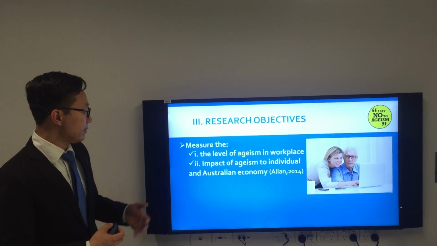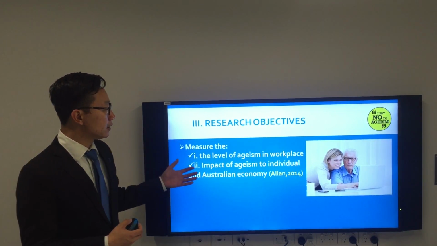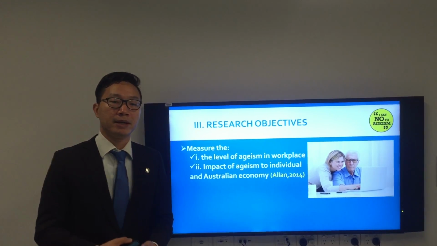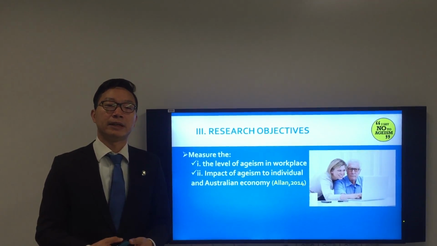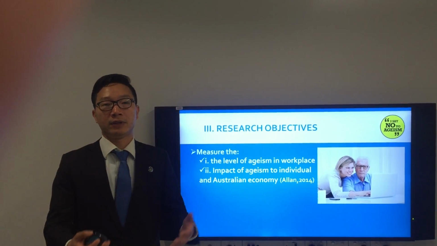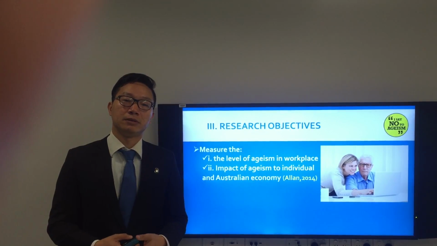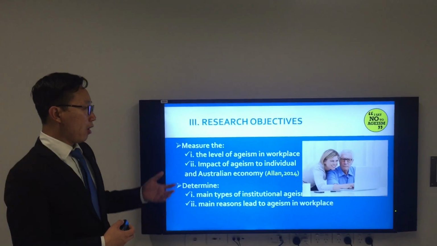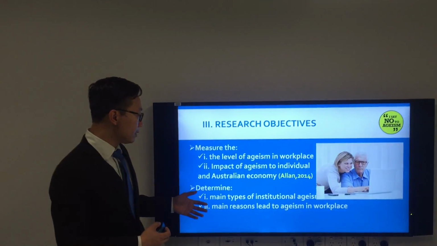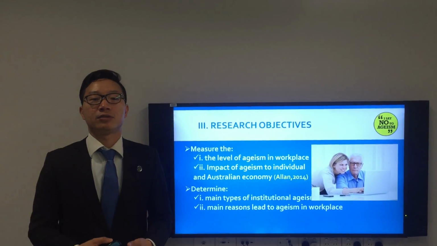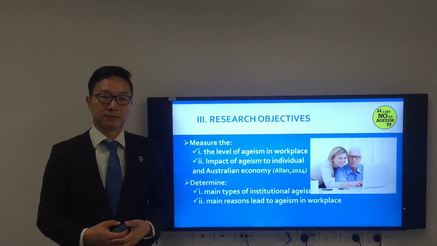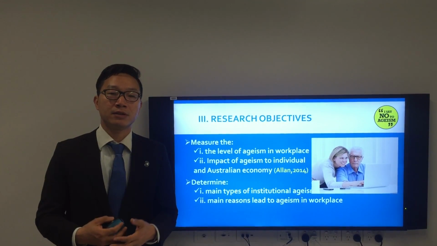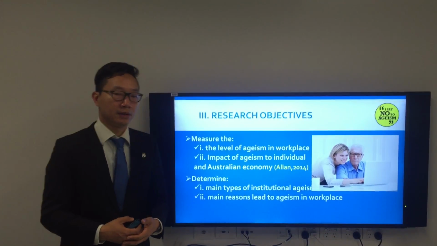So let's move on to the research objective. My research objective is to measure the level of ageism at workplace, and I will estimate the impact of ageism at workplace on individuals as well as on the national economy. The next objective is to determine the main types of institutional ageism and the main reasons that lead to ageism in the workplace.